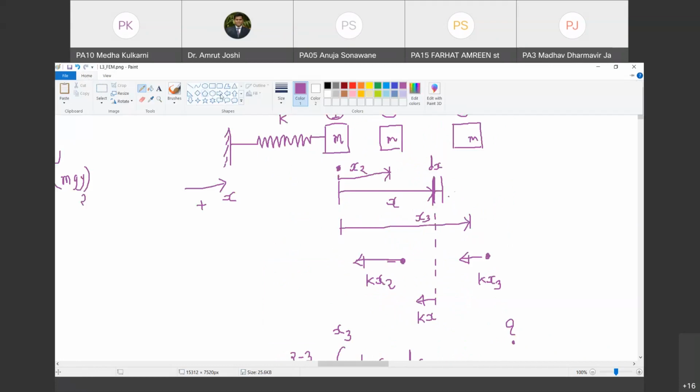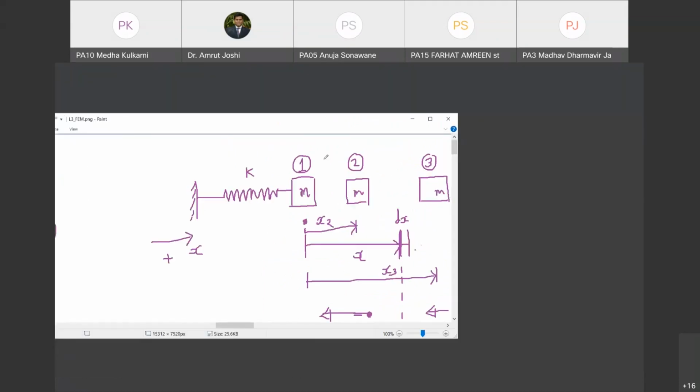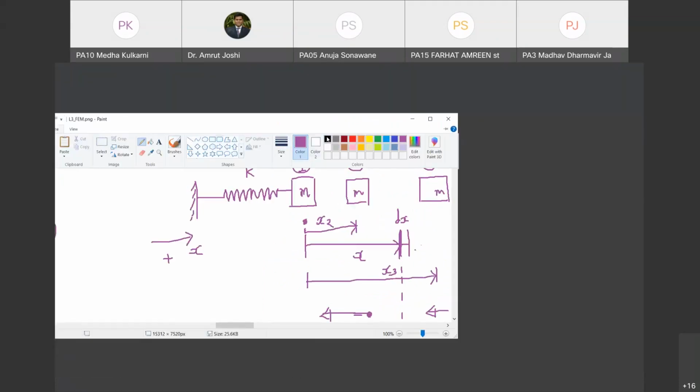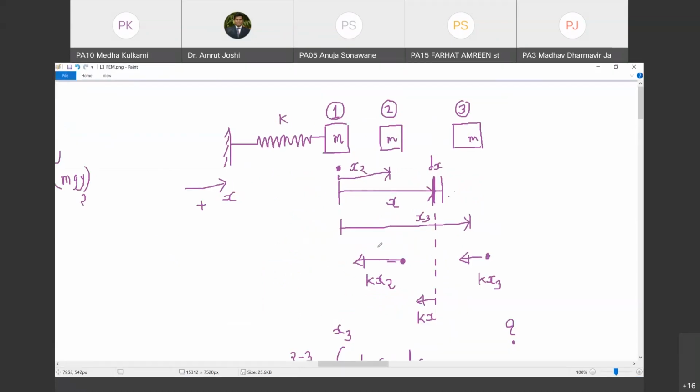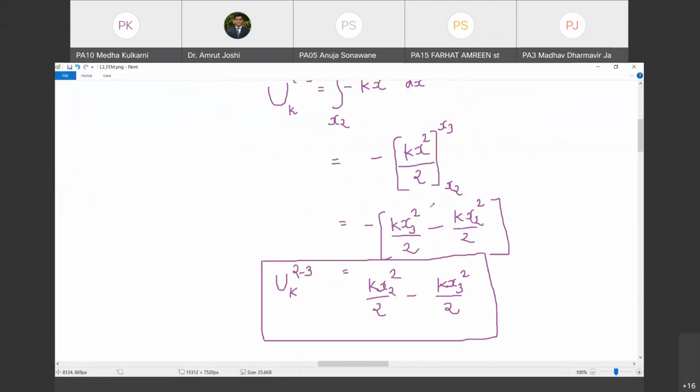Chalo. Now I am going to ask you to do another thought experiment. Instead of moving from 2 to 3 directly, the object moved from 2 to 4. This is position number 4, so this is x4. Happy? So the object moved from 2 to 4 and it came back from 4 to 3. समझ में आ रहा है?